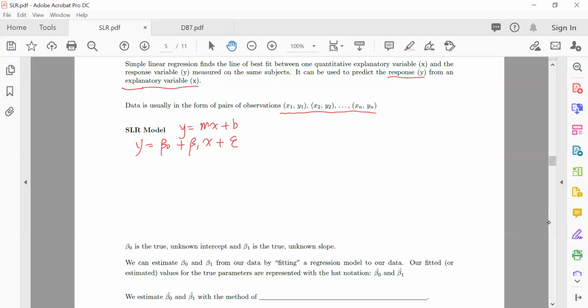So in this simple linear regression model, this beta 0 is called the intercept, beta 1 is called the slope, and those are the true parameters.